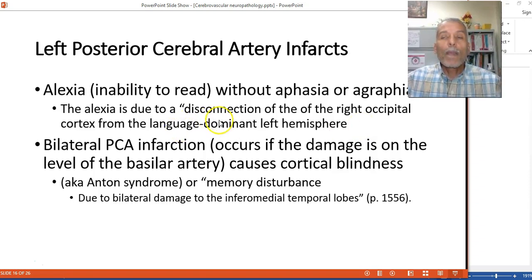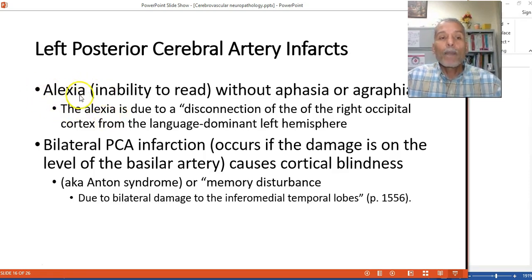Here, one big problem the person will have, and we're speaking about left posterior cerebral artery infarcts, we are limiting this to communication and swallowing. There are other neurocognitive and motor problems, but because they don't relate as much to speech, we just focus on the communication and swallowing component.